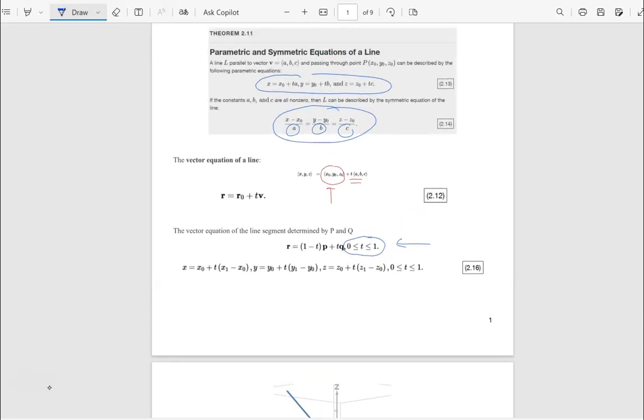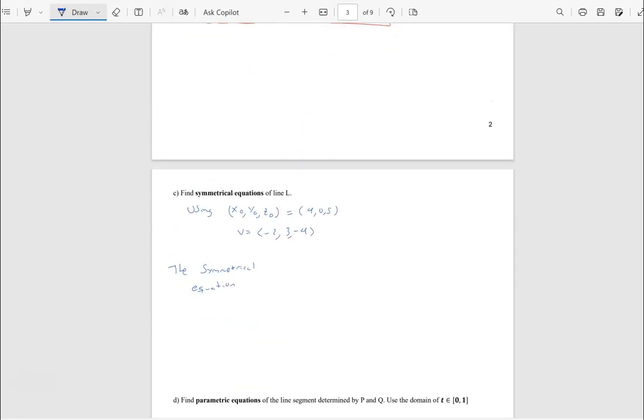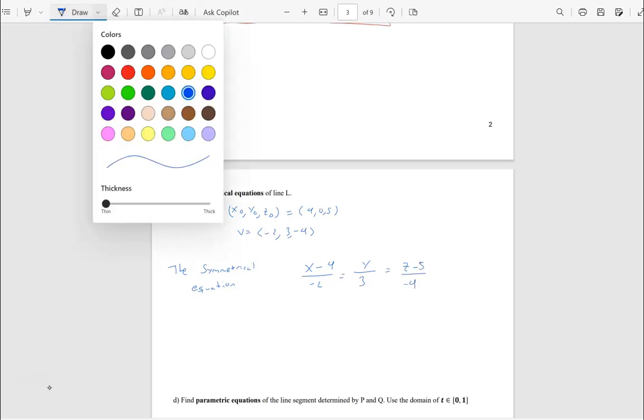You put x minus x naught over the first component, and y minus y naught over the second component. So we rewrite it as x minus 4 divided by -2, equivalent to y over 3, which is equivalent to z minus 5 over the third component, -4.